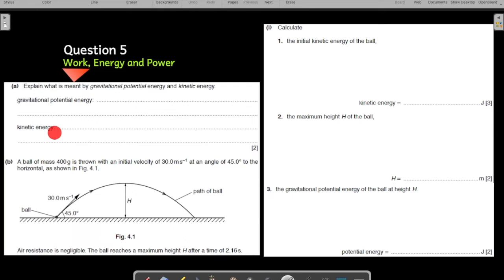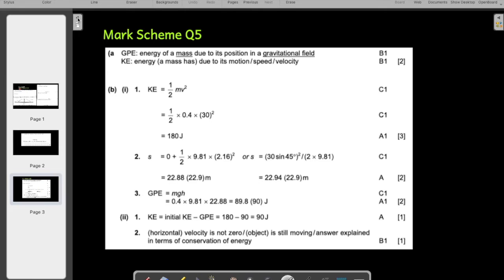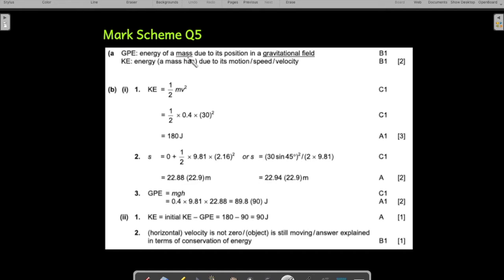Please make a note of how Cambridge expects you to define gravitational potential energy and kinetic energy, so that you do not make mistakes in the final exam.